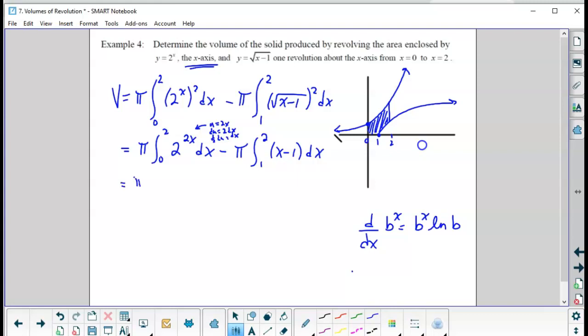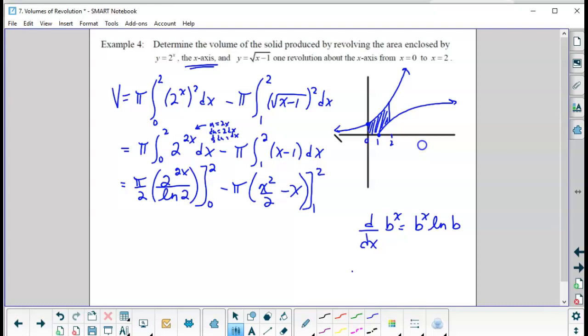So this is going to be pi over 2, and then if we solve this, it's going to be 2 to the 2x over ln 2, from 0 to 2. And this is going to be x squared over 2 minus x from 1 to 2. So then we're going to substitute.